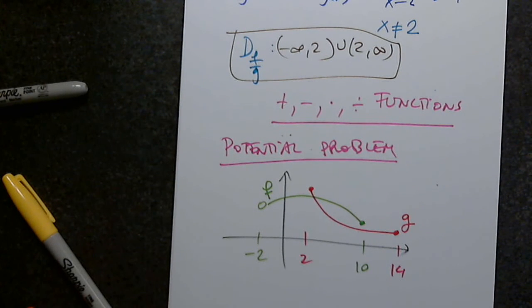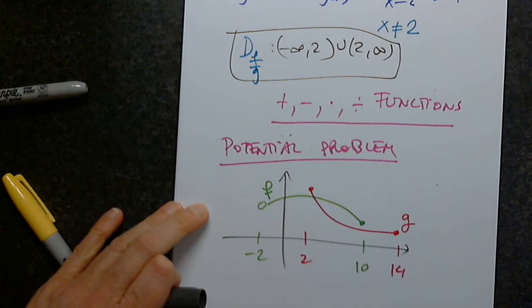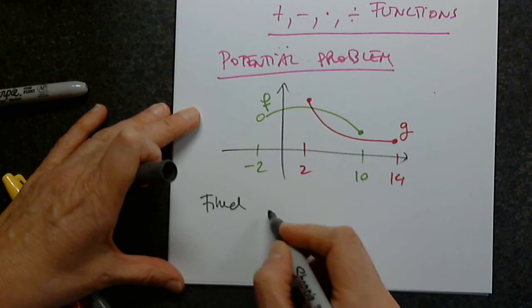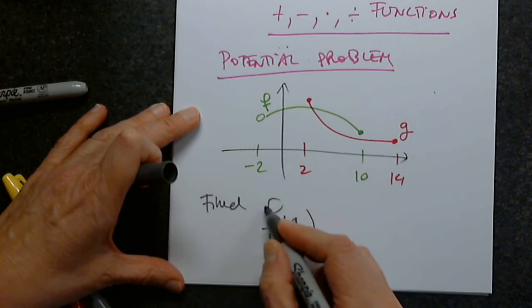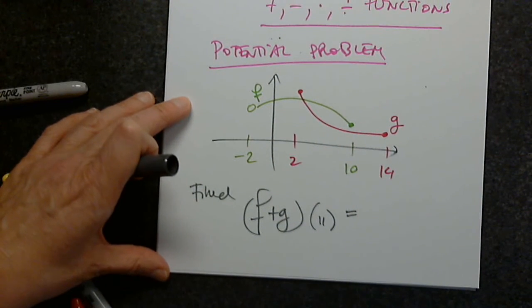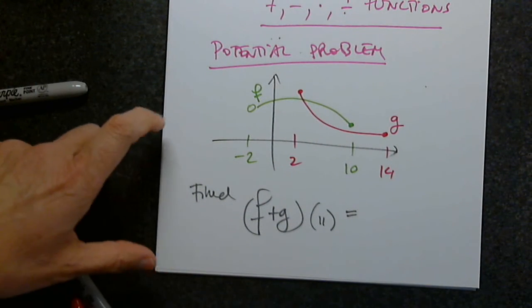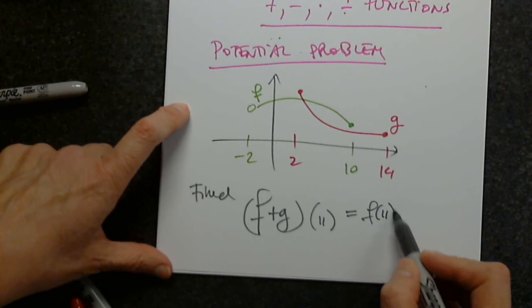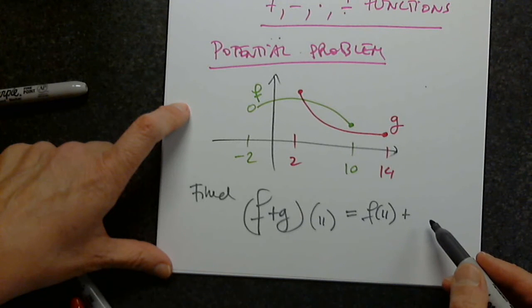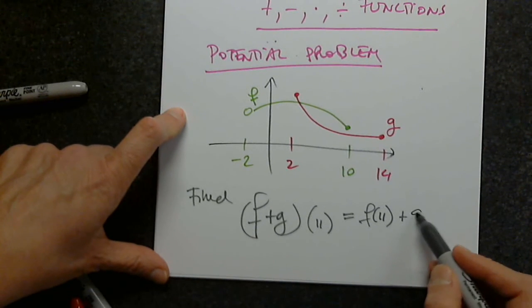So now I'm going to ask you, find F plus G of 11. You will say, piece of cake. This is F of 11 plus G of 11. Of course.